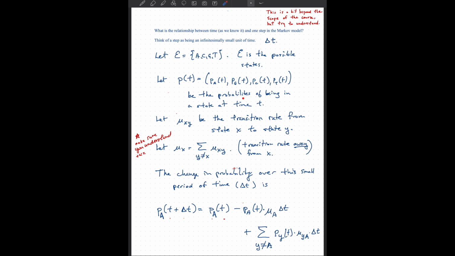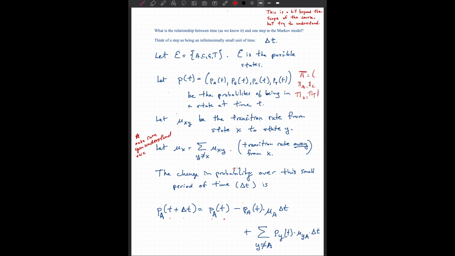So in our previous notation, this is basically our vector pi, okay? So we have pi A, pi C, pi G, and pi T, right? Nothing new there. I mean, you guys are comfortable with that.